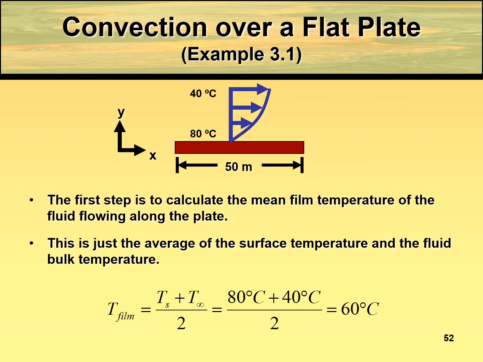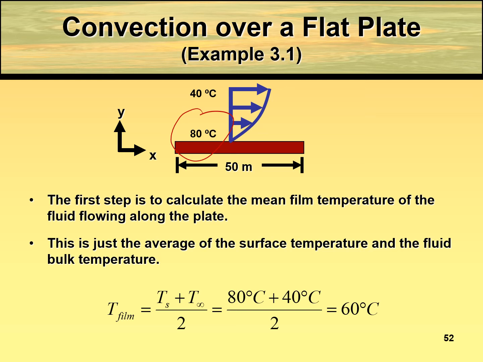Okay, so in the cross-section view, you have a schematic diagram, 50 meters, surface temperature 80 degrees Celsius and 40 degrees Celsius for the free stream temperature. So initially you have to find a T-film condition, but in actual calculations, my suggestion, when you do the design in your near future, when the only available temperature is the flat plate temperature, for example 80 degrees Celsius, you have to do the iteration calculations.